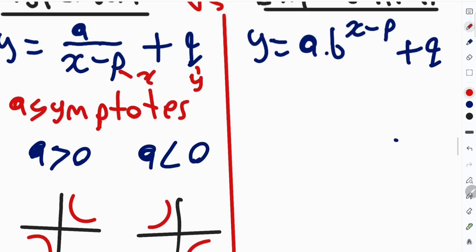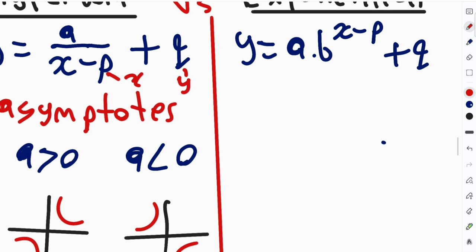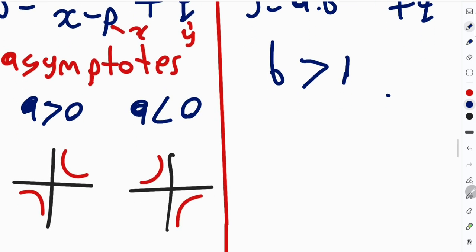Okay, let's talk about the shape of the exponential. What indicates your shape here is not your a value, but your b value, the one attached to the x minus p. So if your b is greater than 1, meaning bigger than 1, then your graph will have this shape.